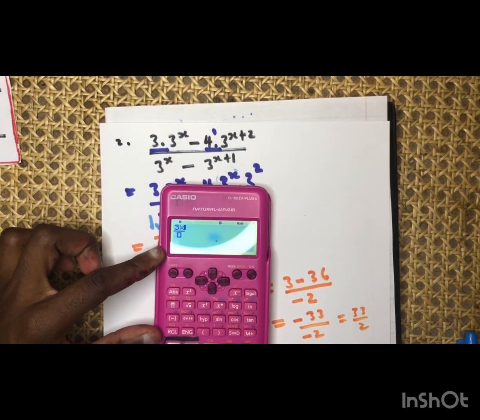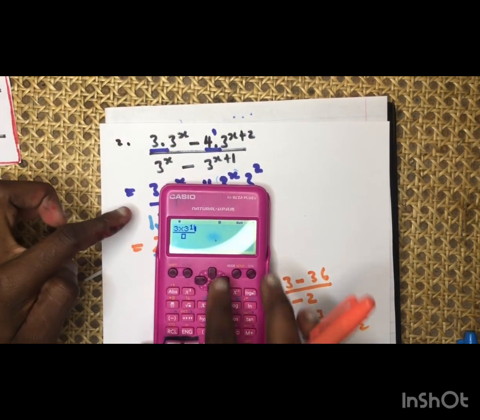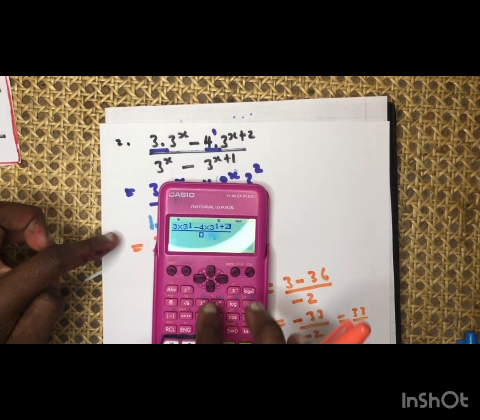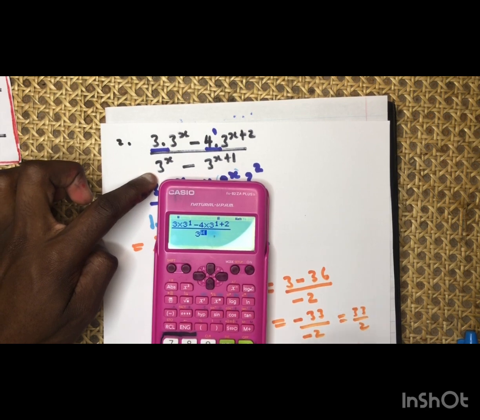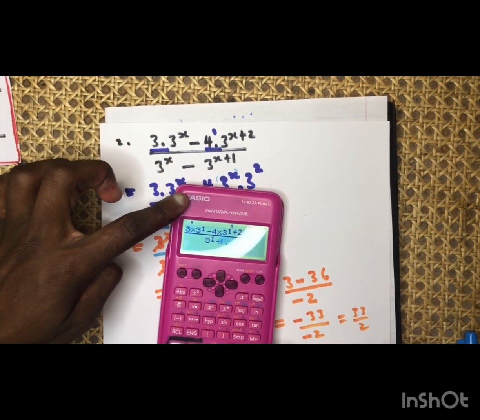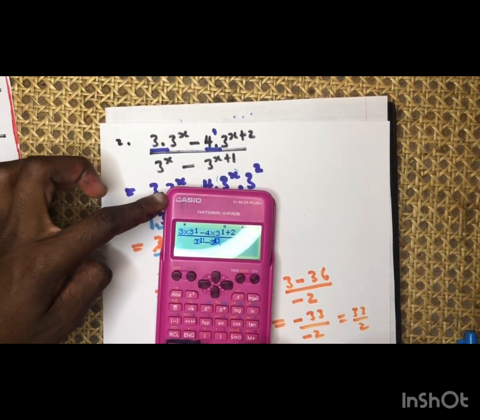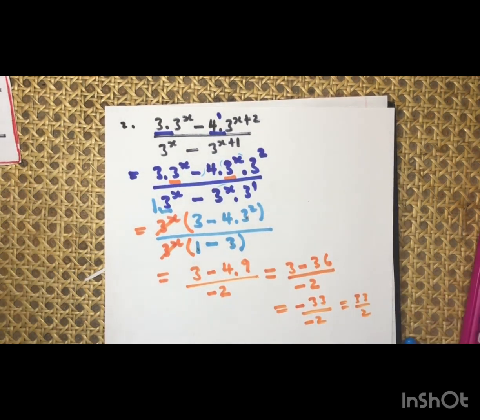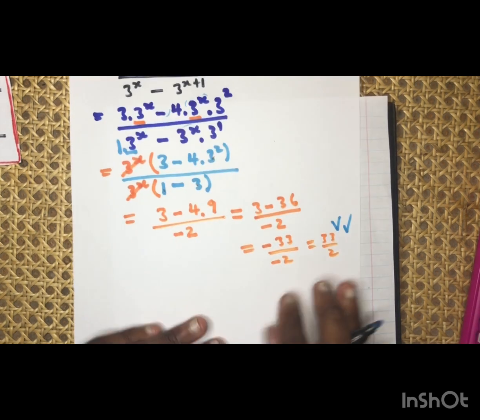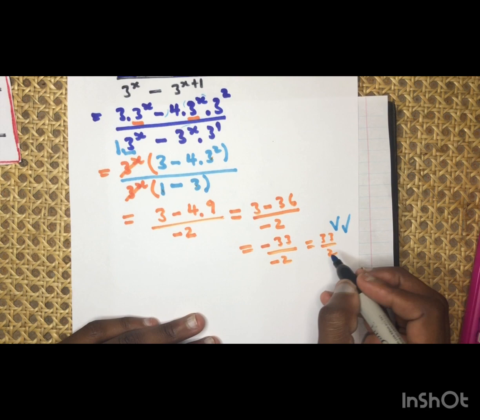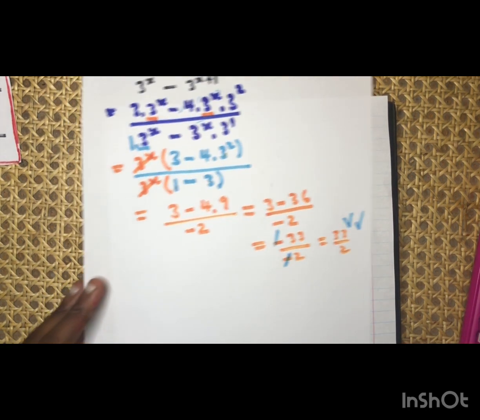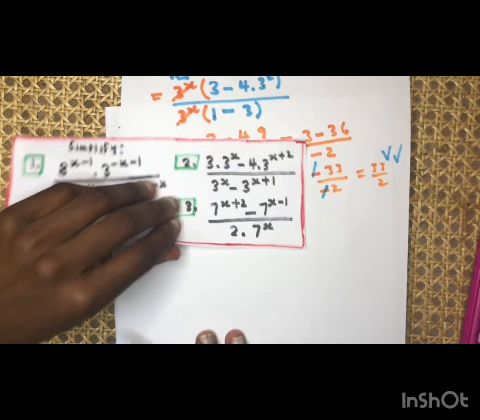So 3 times 3 to the power 1 minus 4 times 3 to the power 1 plus 2 over 3 to the power 1 minus 3 to the power 1 plus 1. That's 33 over 2. Woo, this is good. So the answer, guys, is correct. It's 33 over 2. Remember, this negative will cancel out this negative. Understand? So let's take number 2.